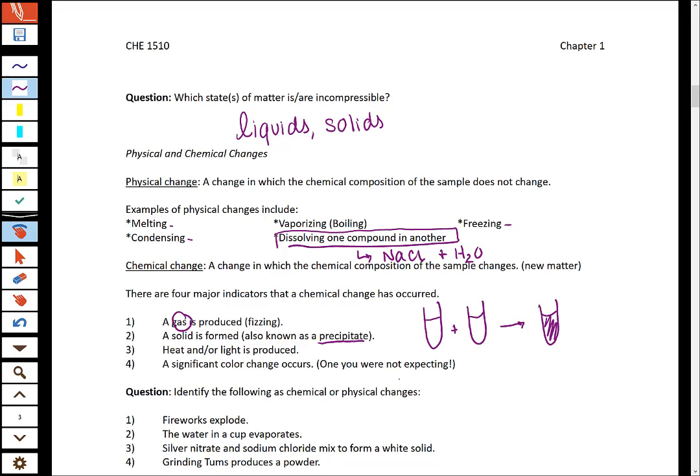If it looks cloudy, that's a precipitate. If you see a color change that you weren't expecting, one that's not based upon the color wheel, that would be an example of a chemical change. And of course, heat or light being produced, like when you burn wood, right? That is a chemical change.